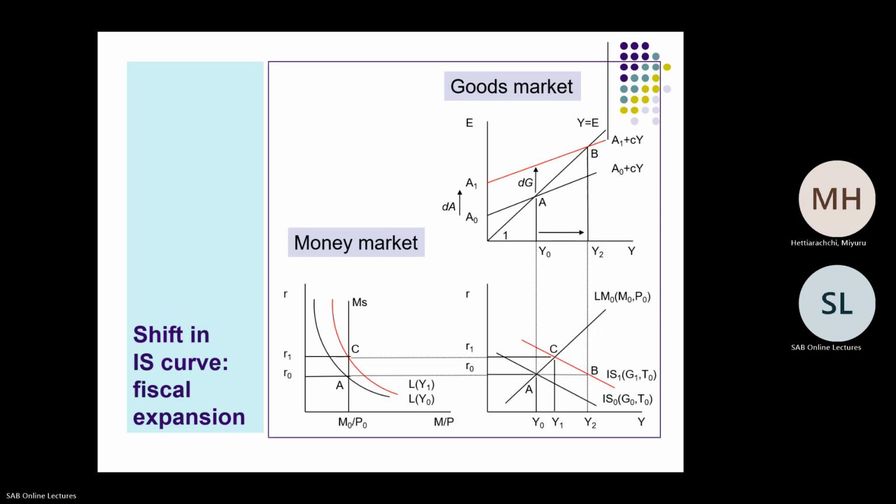If the private sector operated purely without government, there would be no adjustment in the interest rate, and income would increase from Y0 to Y2. But due to the adjustment in the interest rate, when the government demands money in the loanable fund market, there is an adjustment in the interest rate.